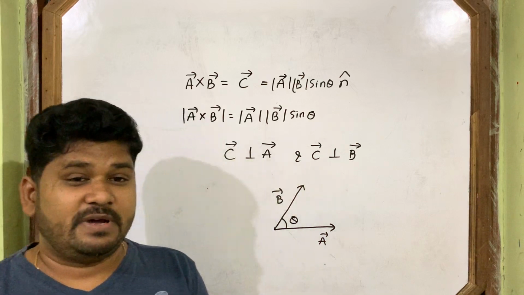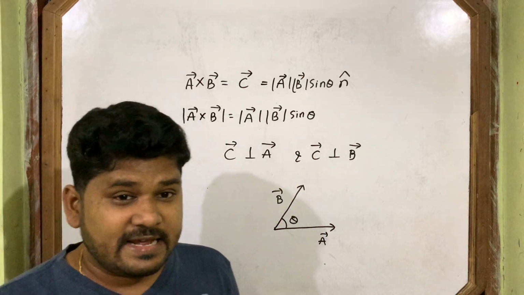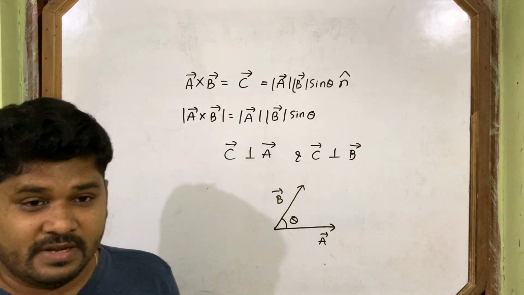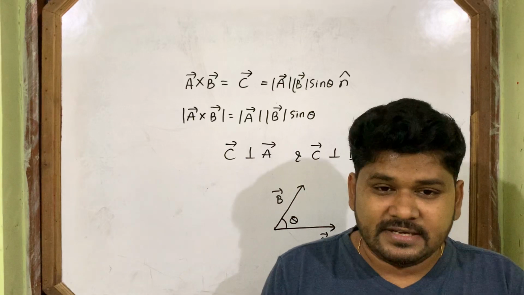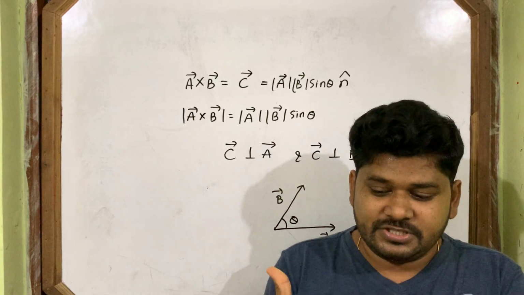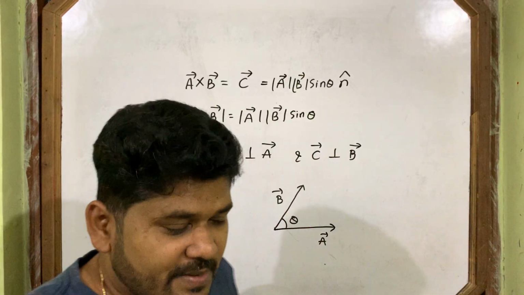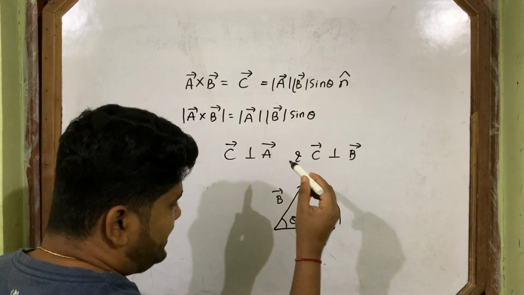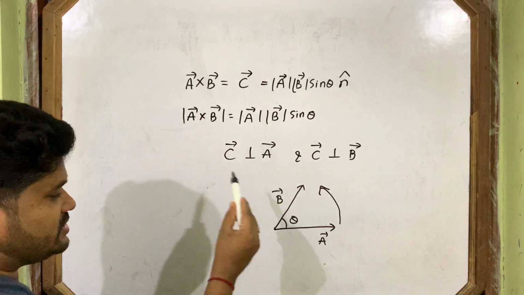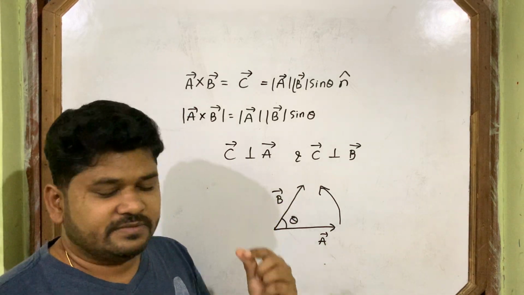We can determine that by the right hand thumb rule. All of you see, this is your right hand, this is the thumb, these are all the other fingers. So what happens if you are drawing the cross product from A to B, A vector cross B vector, first A then B?